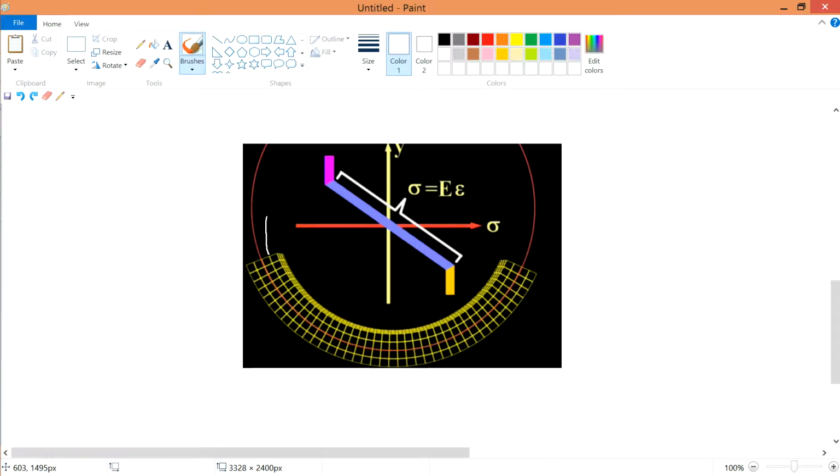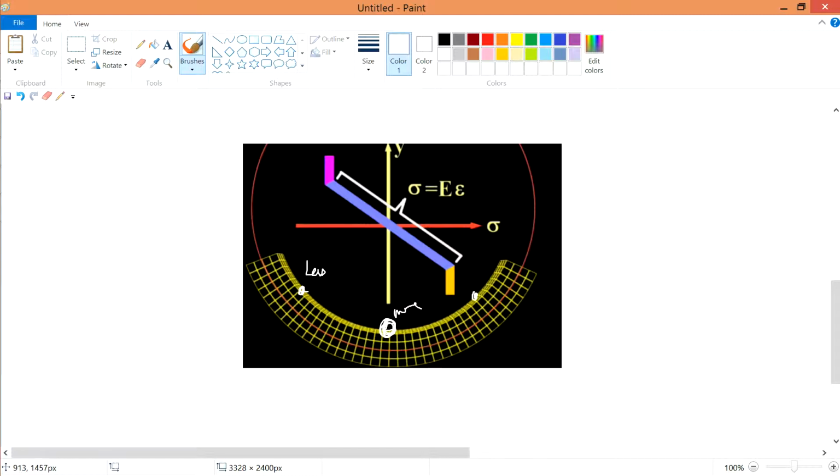However, because the stress is acting mainly on the compressive one and the tensile one, the stress mainly focuses here, and these points experience more stress than others. So this point and this point experience less stress than the middle part.